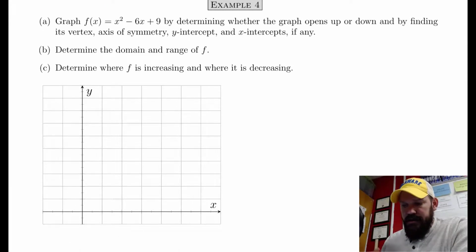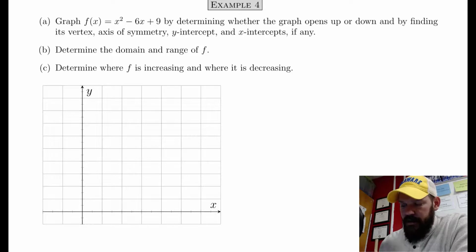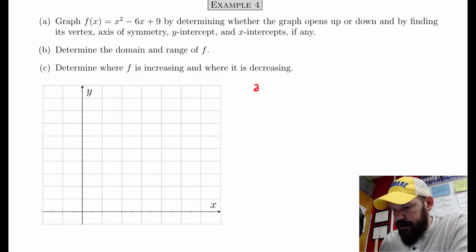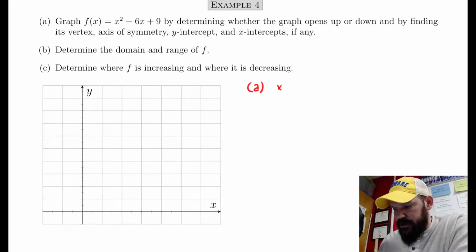Example 3, graph x squared minus 6x plus 9 by determining whether the graph opens up or down and by finding its vertex, axis of symmetry, y-intercept, x-intercepts, if any, determine the domain and range, and then determine where it's increasing and decreasing. Part A is going to be relatively simple because we can actually factor this equation, x squared minus 6x plus 9.